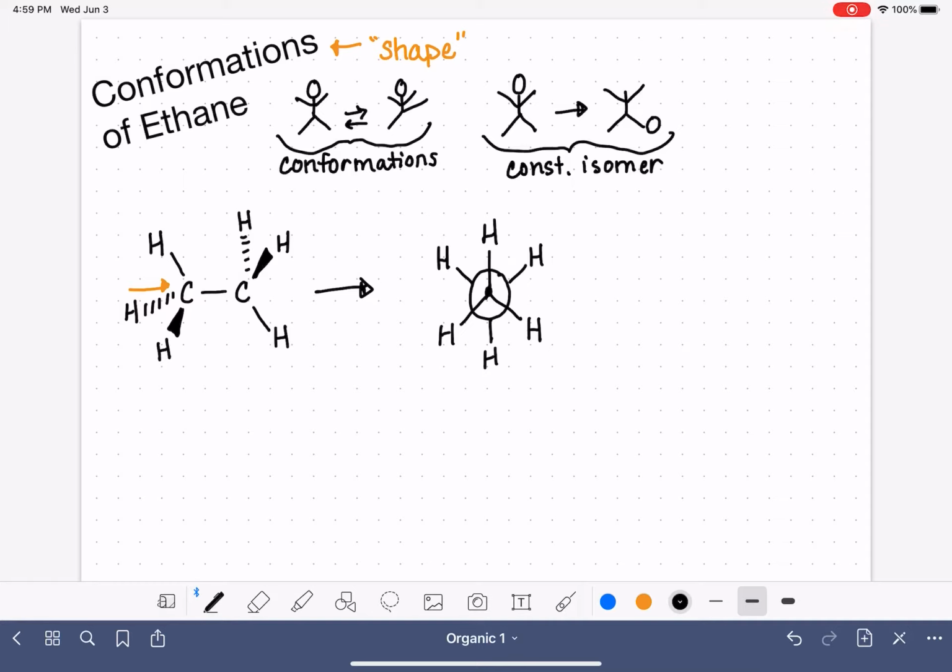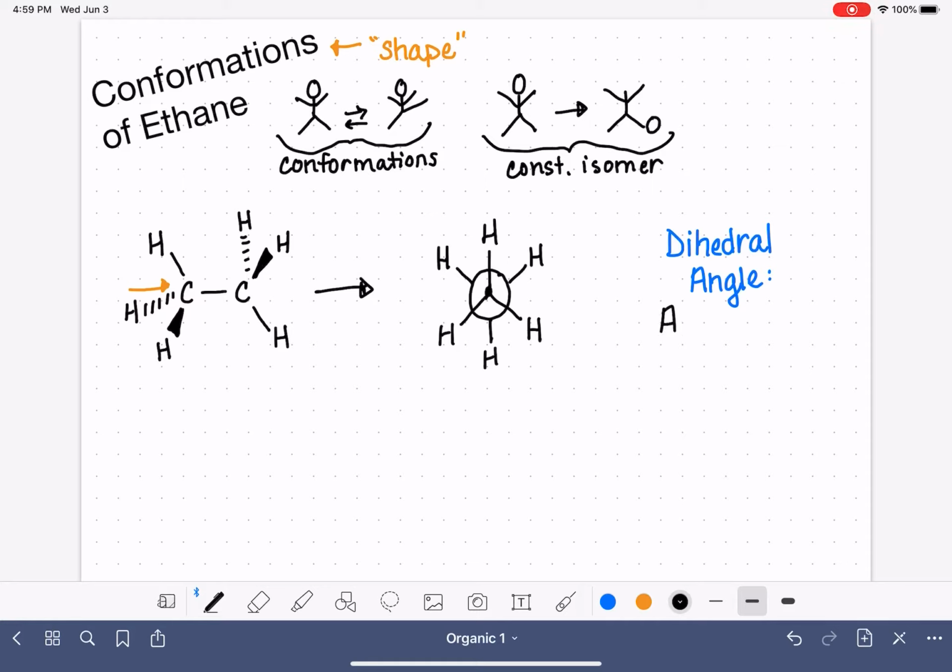So before we can really start talking about the shapes, we have to define a new term called the dihedral angle. The dihedral angle for a molecule, and this is going to be very confusing, so just stick with me for a minute while we write this definition down.